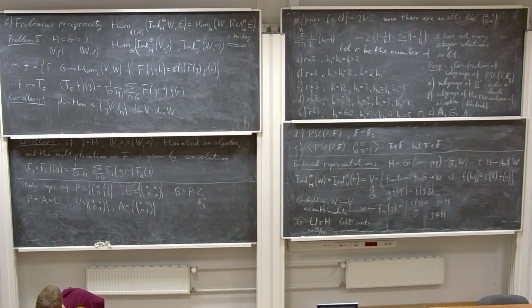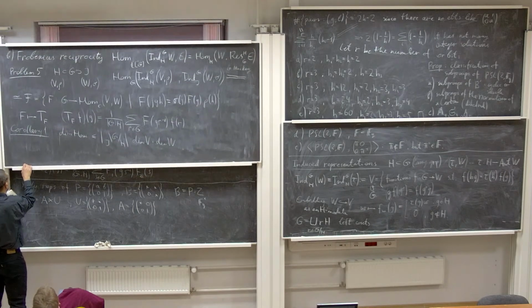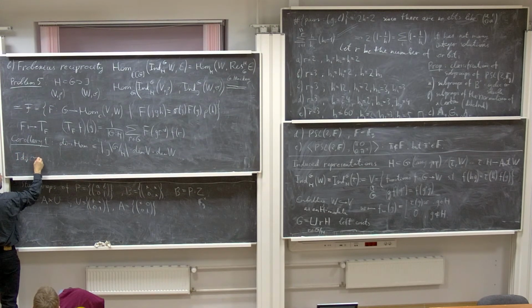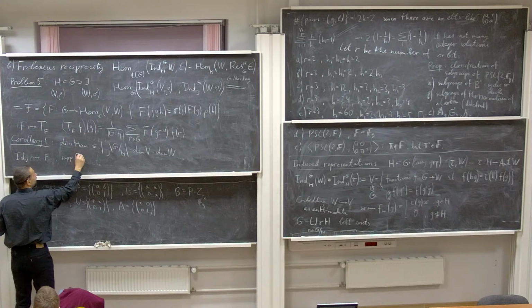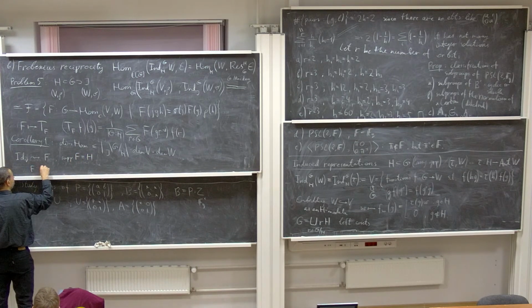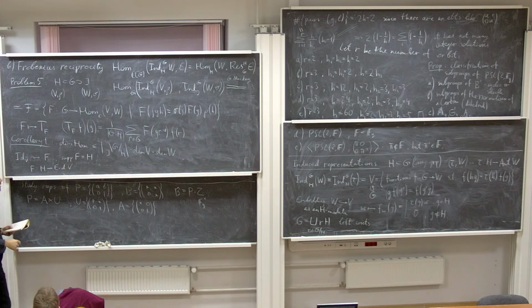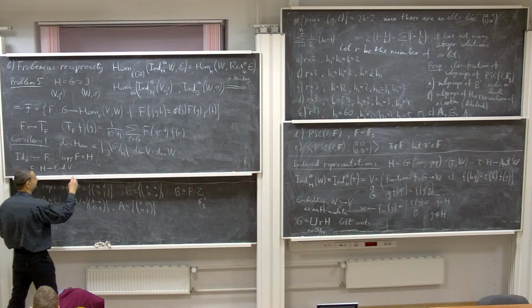It will be just endomorphisms of our representation, say V. So, as you say, the support of f is H, so it's a function f from H to endomorphisms of V, and H goes to what?